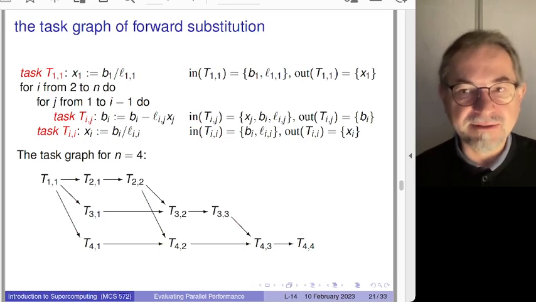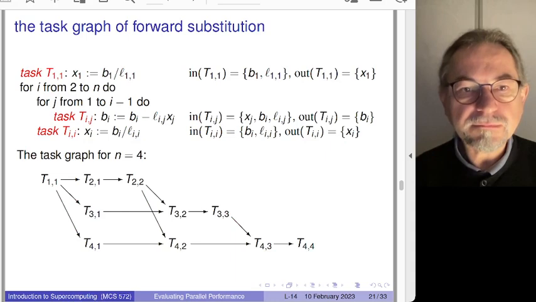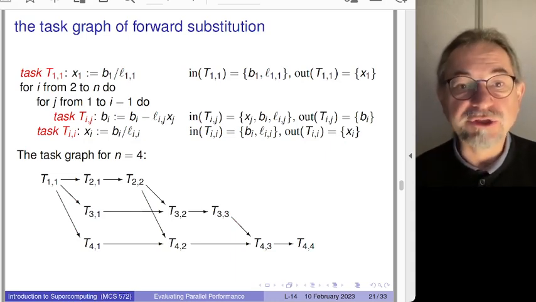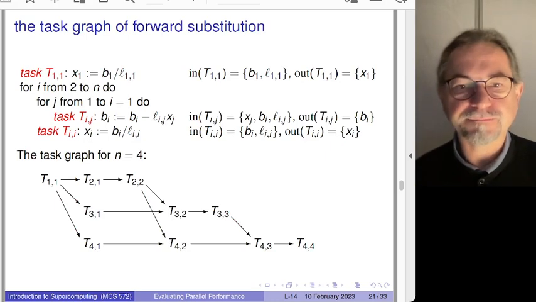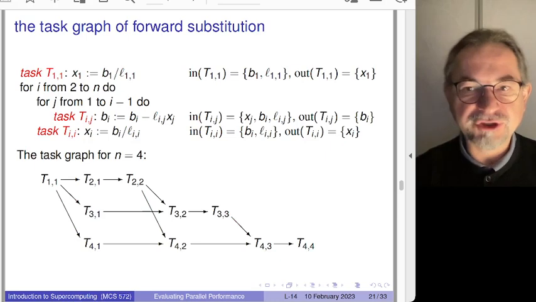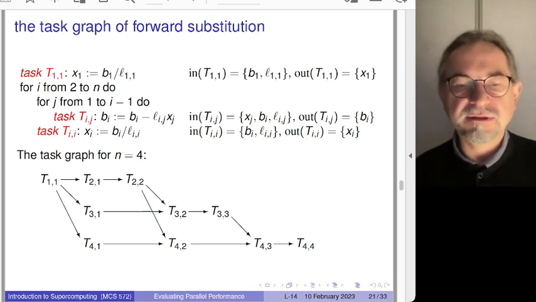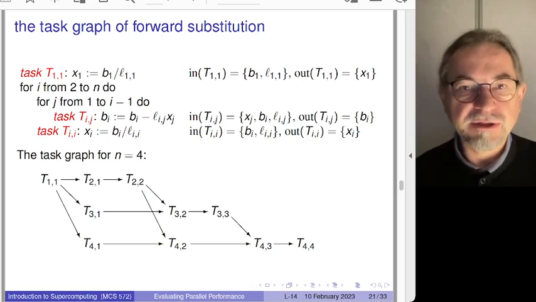Then we have again the computation of the components of the solution, the xi's. They are computed in the diagonal task, when i equals j. So the labeling of the tasks here matches very nicely the logical definition of the items that are computed by this algorithm.